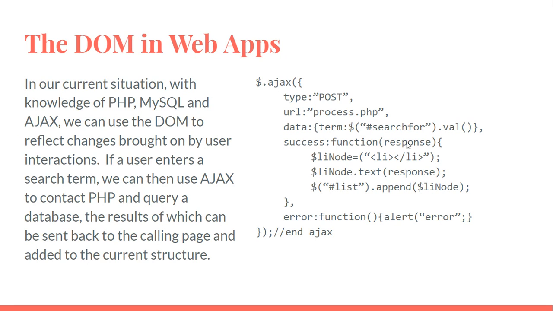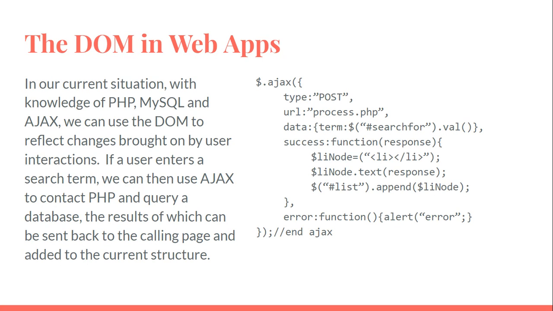Well, in this case, we would take that response, we create an LI node that was not there before, we add the response as the text of the LI node, I find the list that was already in existence, and I append that LI node. Sometimes the list isn't in existence, and I've got to create that as I go. I would have to create a UL or an OL, and then I would have to add LIs inside of that.